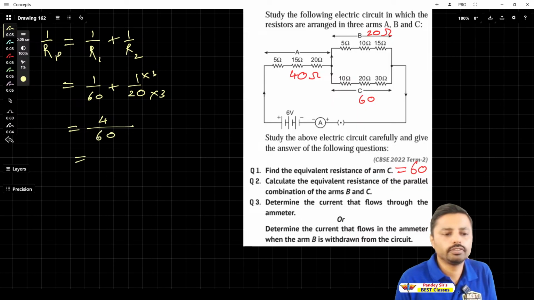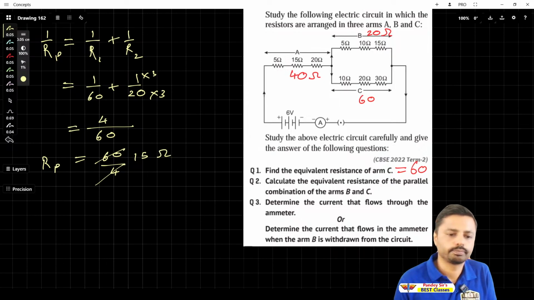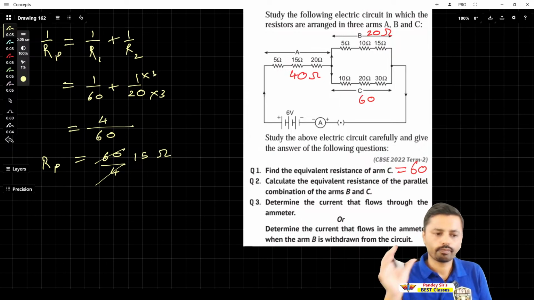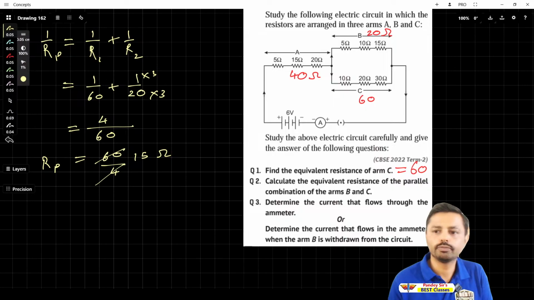Now reciprocal, RP will be 60 by 4, that is 15 ohm. So the equivalent resistance between B and C is 15 ohm.